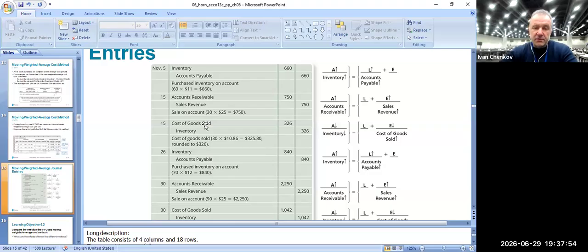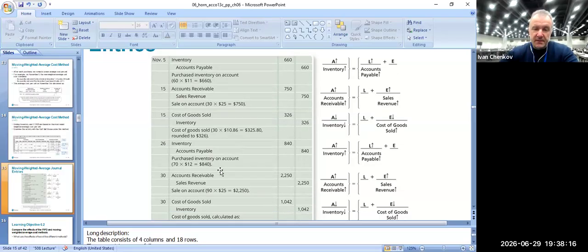Then we have cost of goods sold and inventory. That's where the difference comes, not in the accounts that we debit and credit, but the amount that we use. Why? Because now we're not using the cost of the first in, first out that we're selling, but we're using the average cost of the units that we sell.